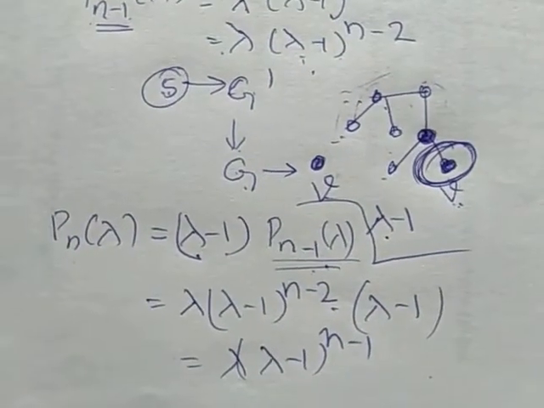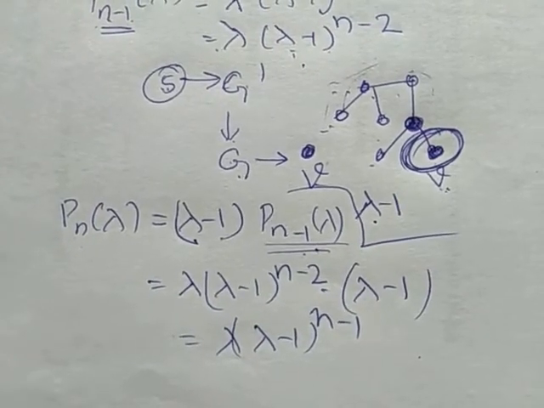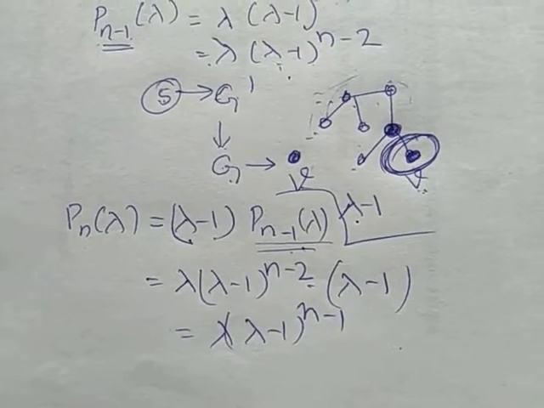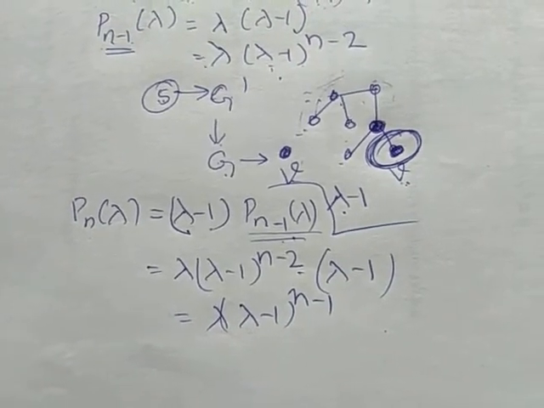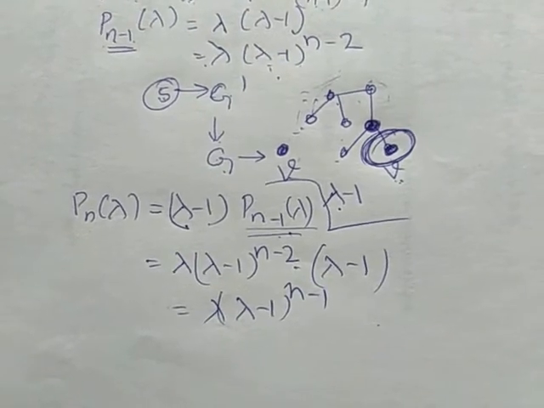So the statement is true for n is equal to 1, n is equal to 2 and n is equal to k plus 1. Hence this statement is true for a graph with any number of vertices.